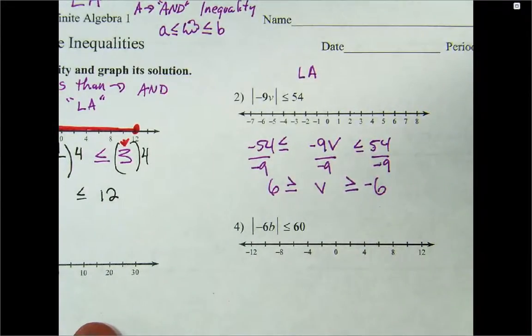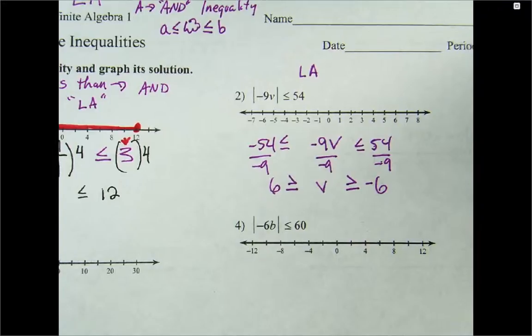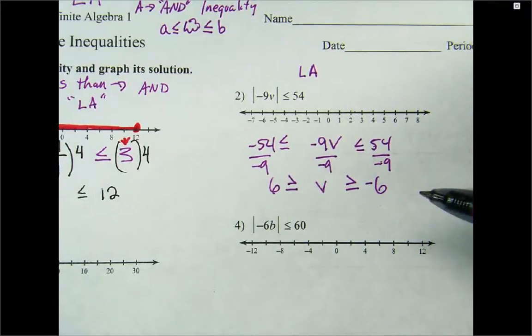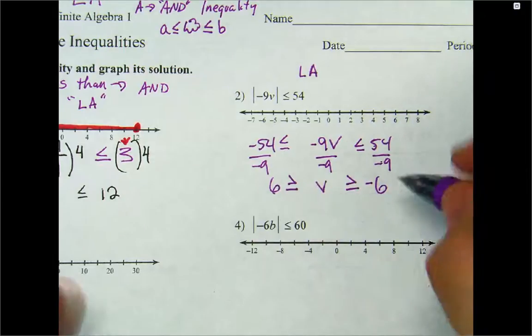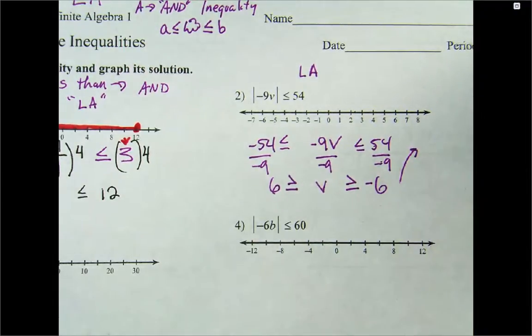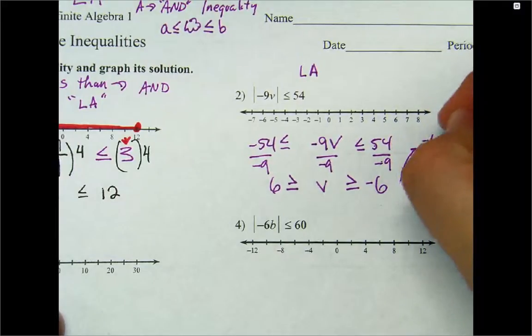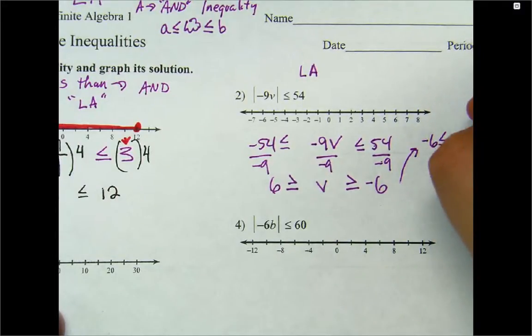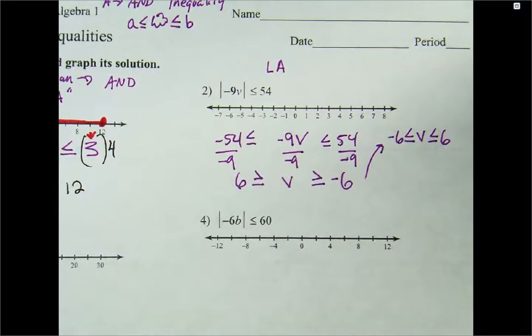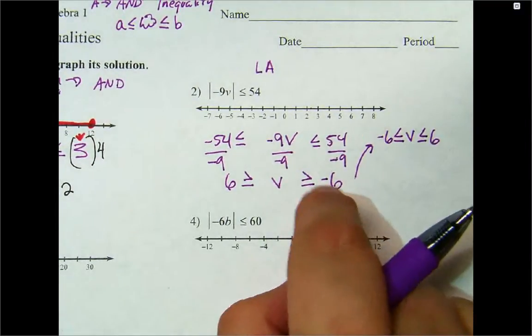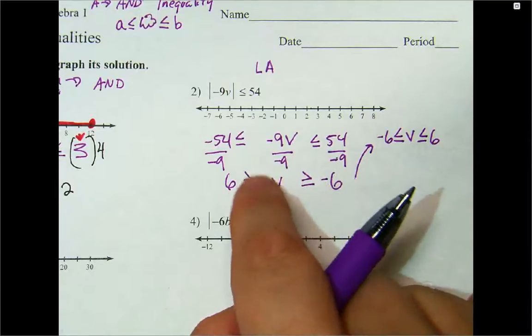Now the nice thing is, if you just read it like this, v is still between 6 and negative 6. If we wanted to rewrite it into something that makes a little bit more sense, we just rewrite it backwards. Negative 6 is less than or equal to v, which is less than or equal to 6.